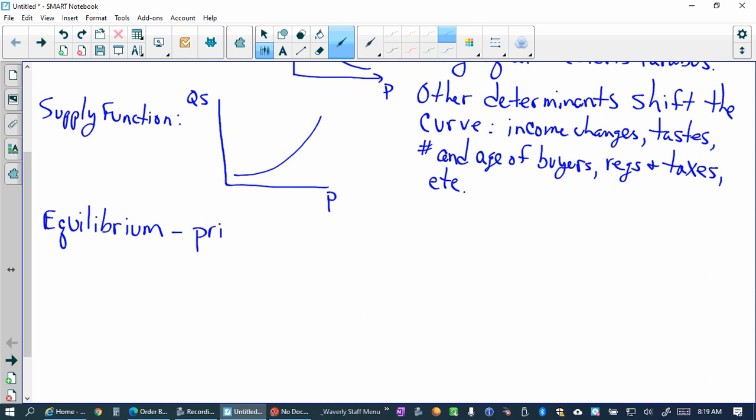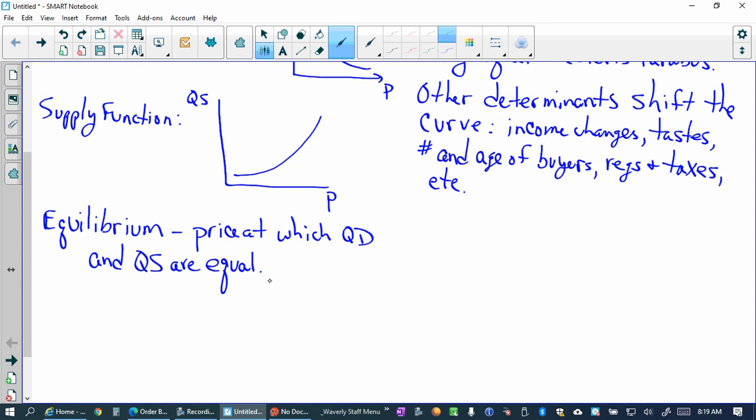Price at which QD and QS are equal. Okay? So markets always naturally seek equilibrium.